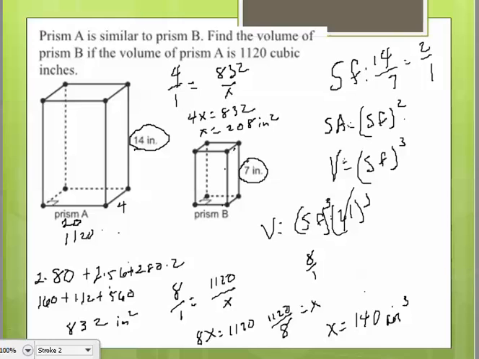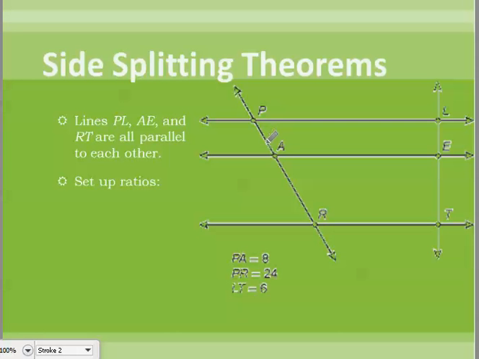Okay? Same thing could be done with the cone there. But I want to go back and make certain I cover some topics that are in the entire unit so that you're prepared for the test. If I was wanting to set up the ratios for this one, it's a side splitting theorem. It tells me that PA is 8 and that PR, that's this whole distance here, is 24.